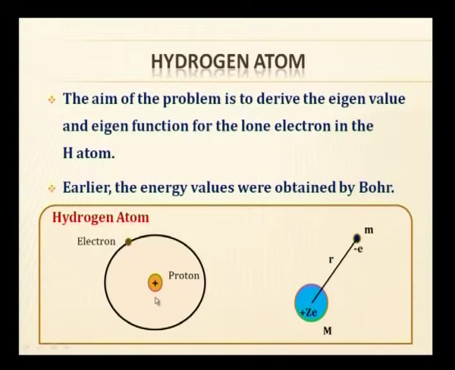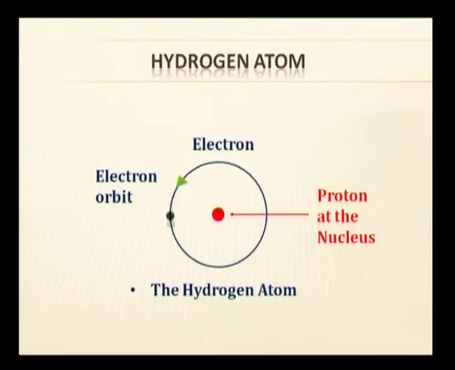You have a proton here in the hydrogen atom, and the electron is here at a definite distance, say separated by r, the distance separating the nucleus or the proton and the electron having a mass m. The electron here is revolving in an orbit according to Niels Bohr.